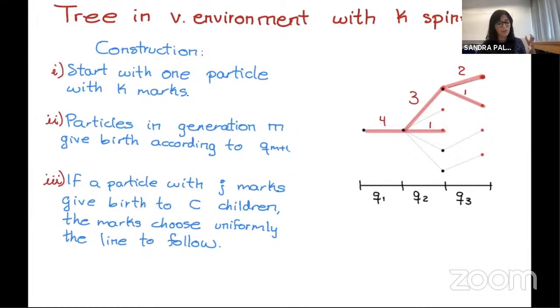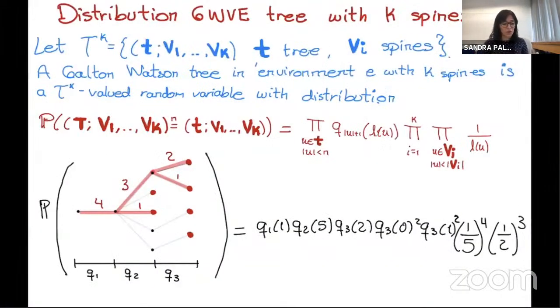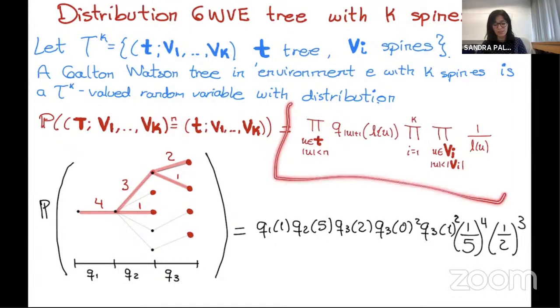So now that we know how to construct our process, what about the distribution? Well, our state space will be trees with K spines, and we are going to call a Galton-Watson tree in varying environment E with K spines a TK valued random variable that has the following distribution. The probability that our tree up to generation n is equal to a given tree and spines will be this product.